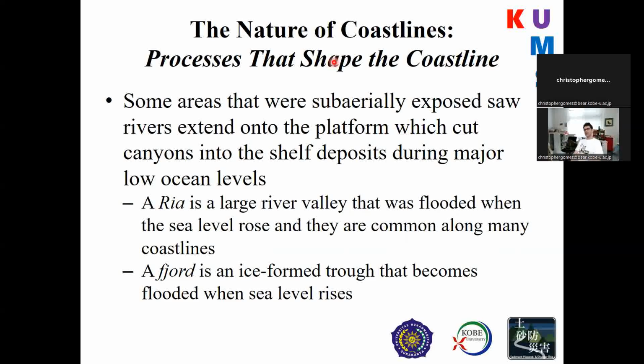But also with glaciation, when the water level goes down, it means that the coast is extending. And when the coast extends, then the rivers go further into the sea, and they can carve their pathway like they do on land. So you have channels.